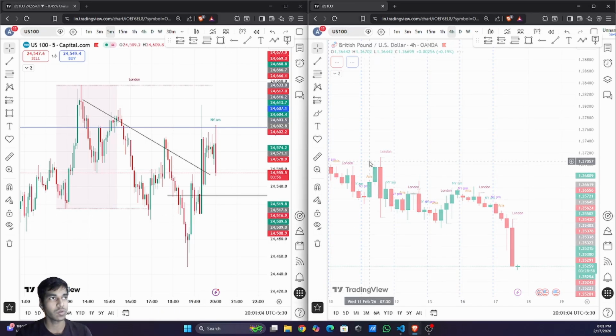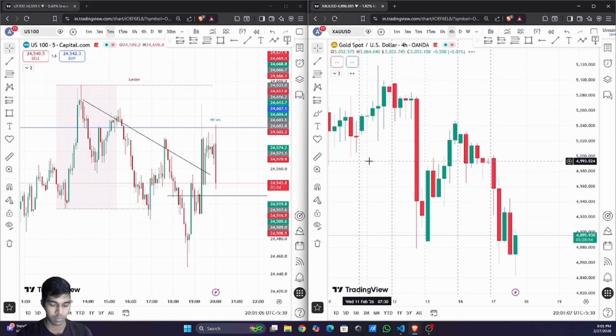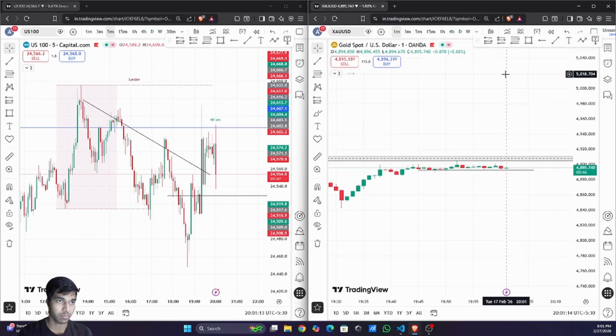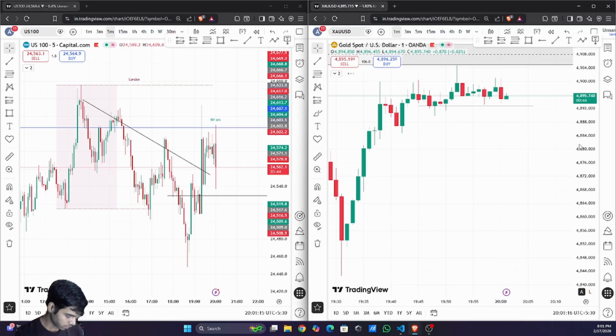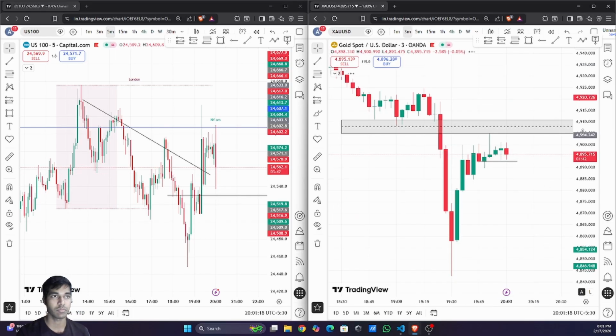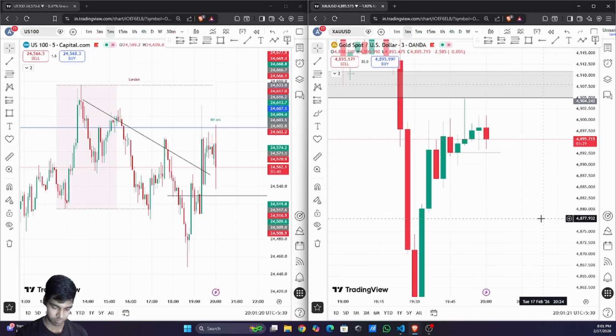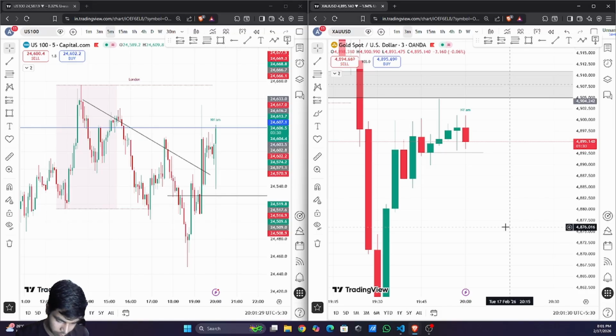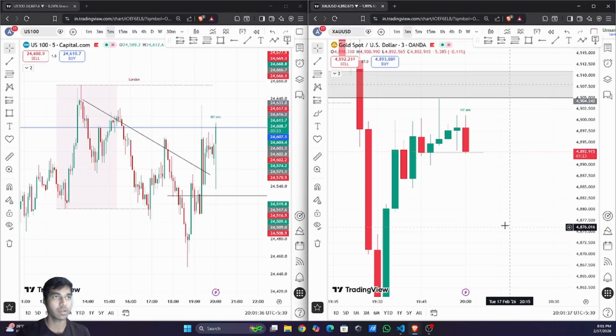And what about gold? Okay, so we have a retest. What was the plan? 3 minute break of structure. Okay, I will go full quantity. So I went with full quantity in NQ.